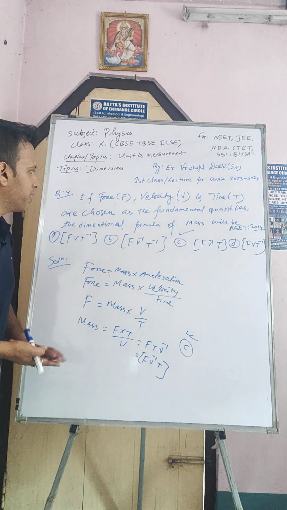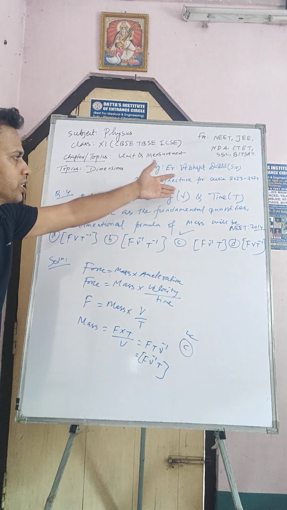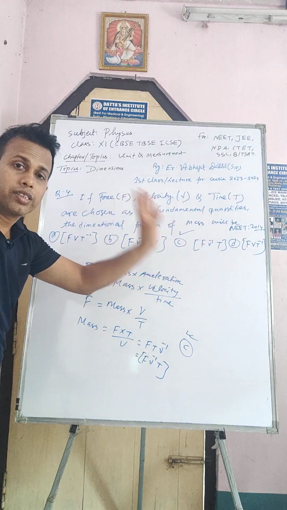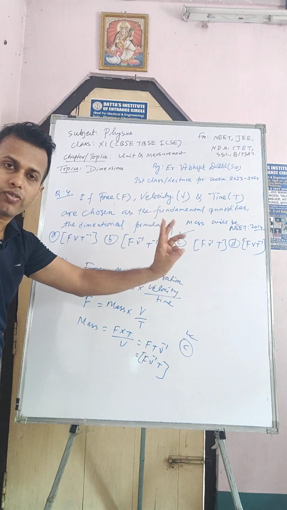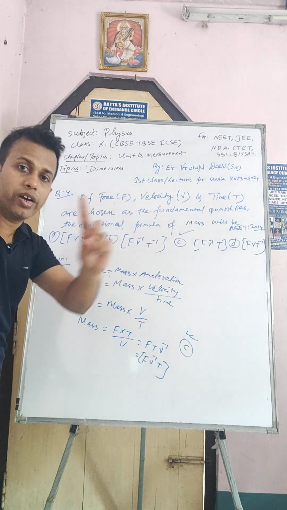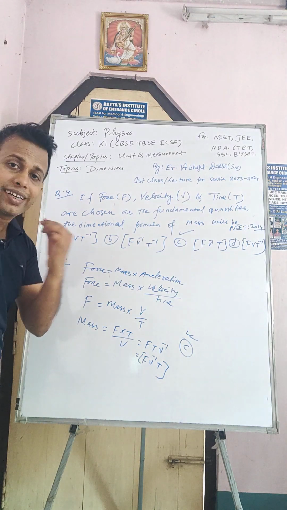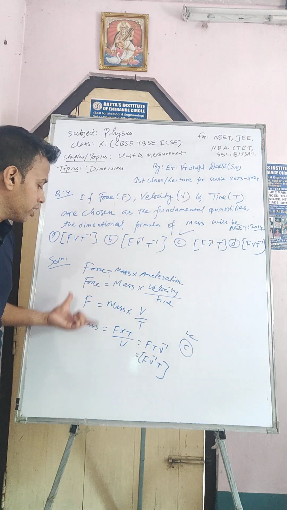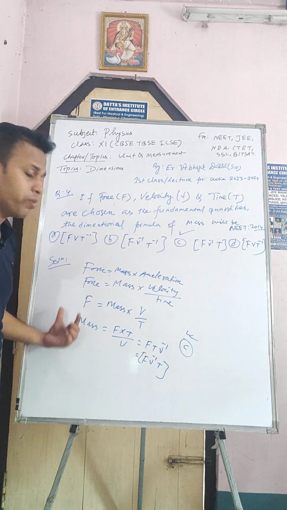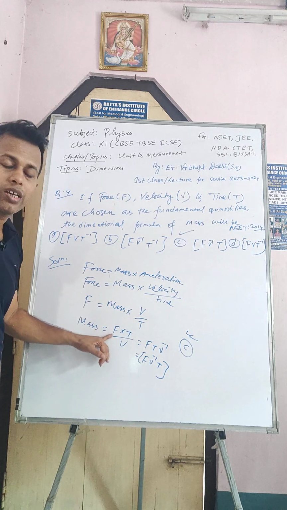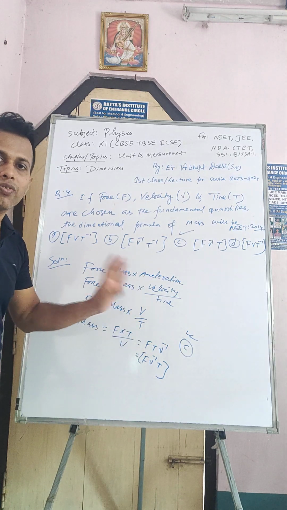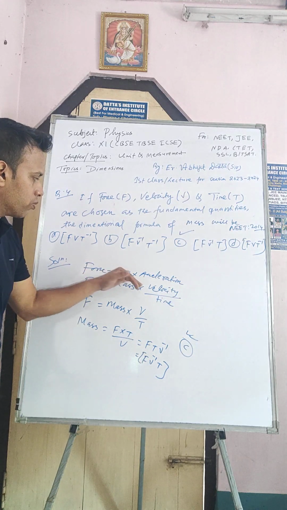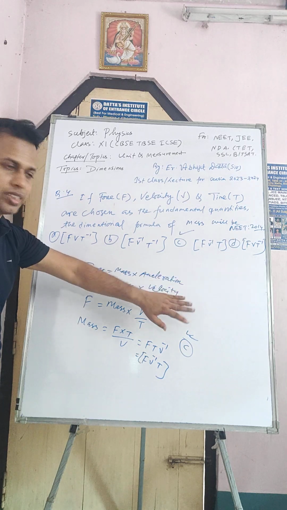So let me explain again. Here, given force, velocity and time are fundamental. In spite of force and velocity being derived quantities, they asked you to consider force as fundamental and velocity as fundamental. From that you have to find out the dimension of mass in terms of F, V and T. For this I write the formula first: force is equal to mass into acceleration, and acceleration we can split as velocity by time.